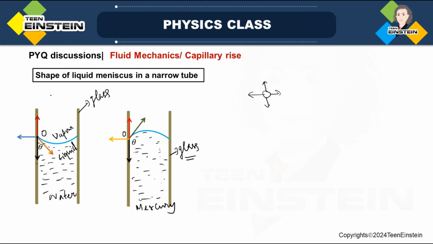So there will be surface tensions acting between the vapor and solid interface. So this is solid, this is vapor. So let us say this is sigma solid-vapor. Okay, at the interface of solid and vapor, this surface tension acts like this. And see, this is the force between the liquid and vapor interface.